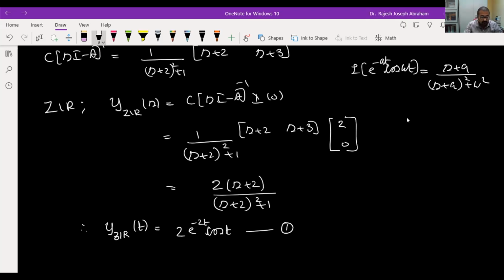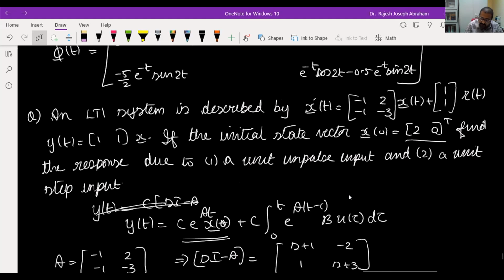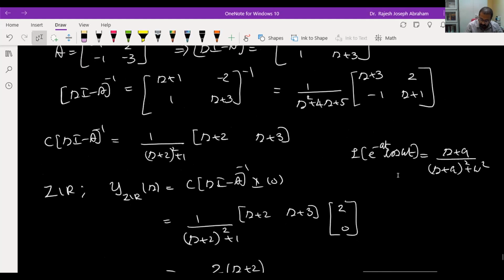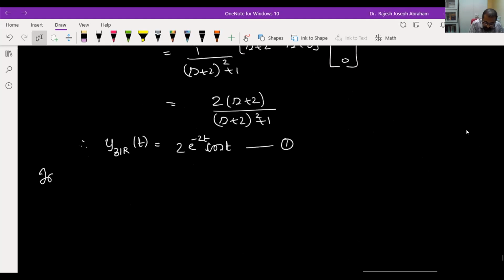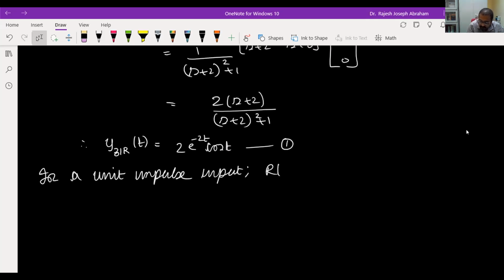Now what next? We need to find the component due to the input signal. So what is the input here? First part is unit impulse input. Okay, so for a unit impulse input, what is R of s? R of s is equal to 1.